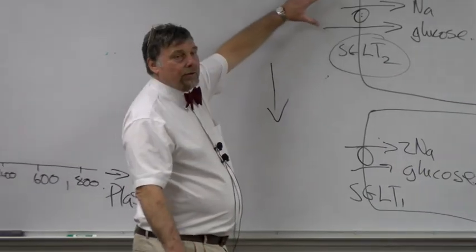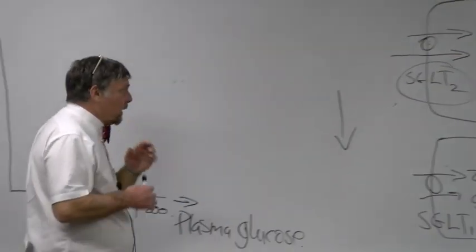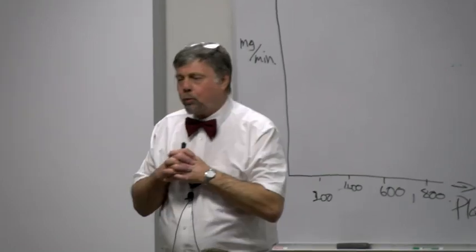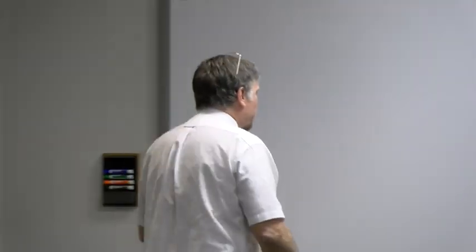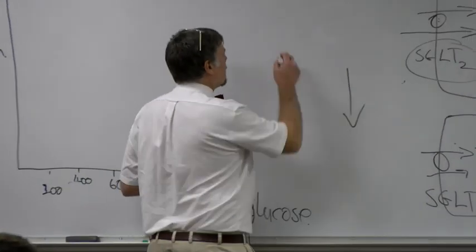But still, most of it is reabsorbed by the SGLT2. So, why did I make a big deal of this? The reason I made a big deal of this is that we now have drugs which interfere with SGLT2. And the first one was Invokana, but there are a whole bunch of them now.